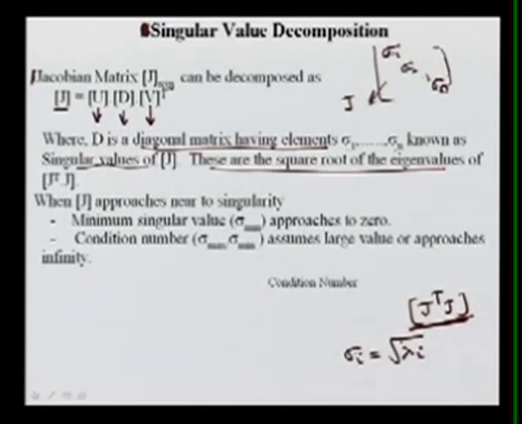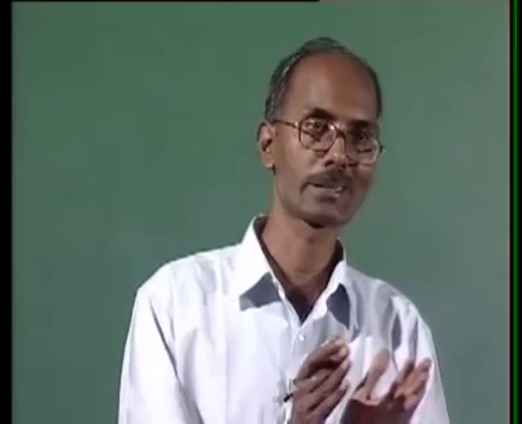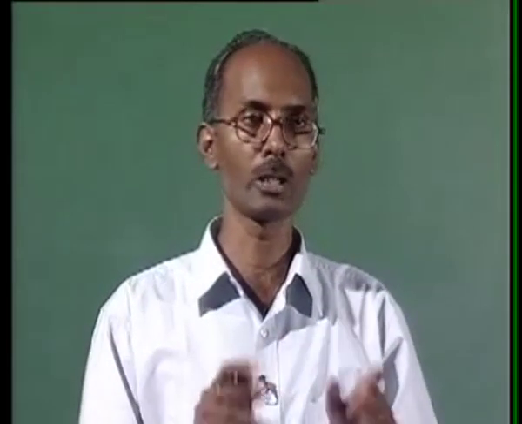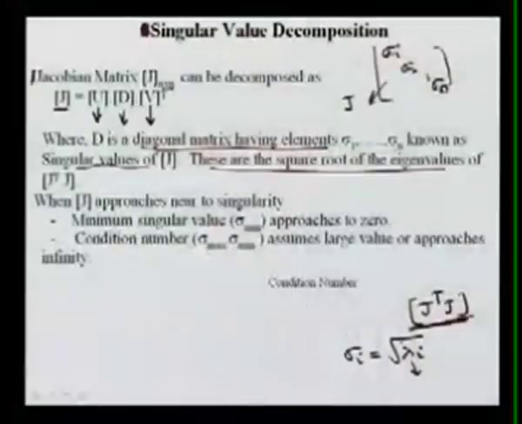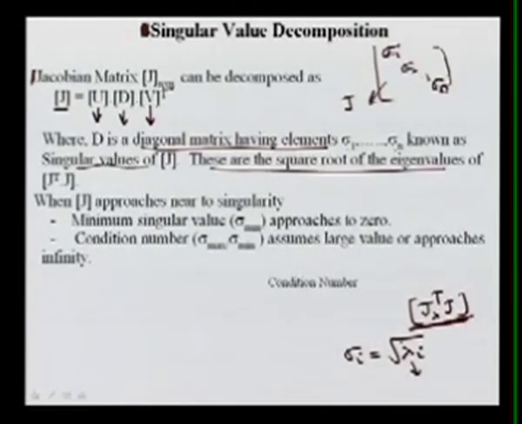So if you have the J matrix completely, you can pre-multiply with its transpose and then determine the eigenvalues. This lambda i is not an eigenvalue of J, it is an eigenvalue of the combined J transpose J matrix. After taking the square root, you get the singular value, called sigma i.